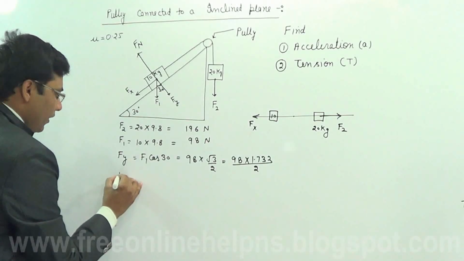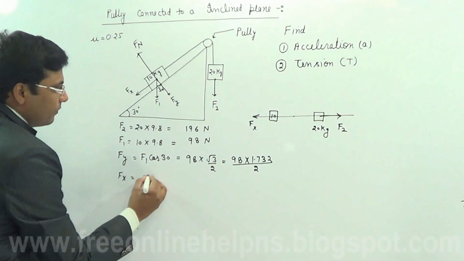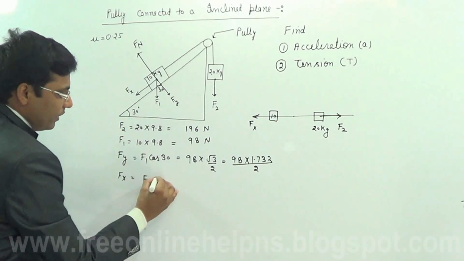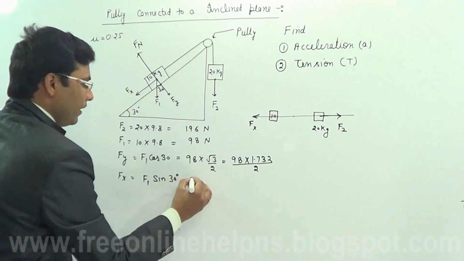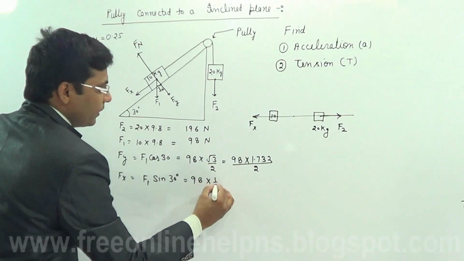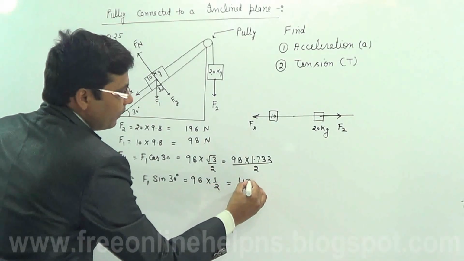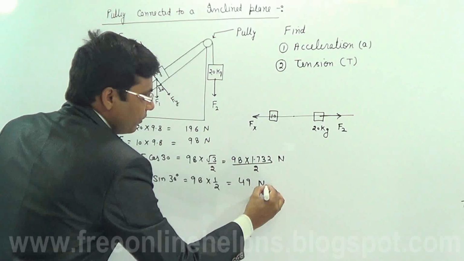Now find the value of Fx. Fx will be equal to F1 sin theta, where theta is 30 degrees. So it will be 98 times sin 30. What is the value of sin 30? It is 1 by 2. So we get 49 Newton.